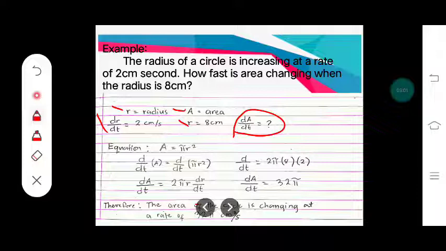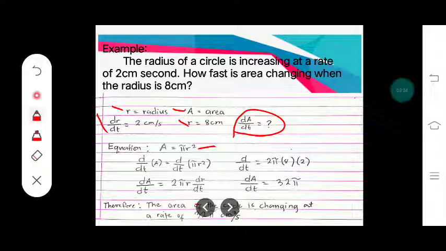Okay, we have the equation A equals pi r squared. So we get the derivative with respect to time, and since we have different variables, A and r, we have to use implicit differentiation.